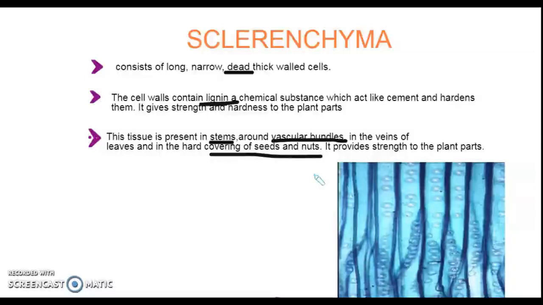That is due to this sclerenchyma. These are the sclerenchymatic cells that you observe in the coconut. And what is its function? It provides strength to the plant.